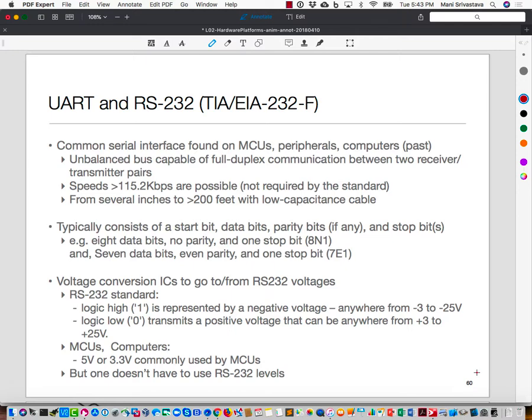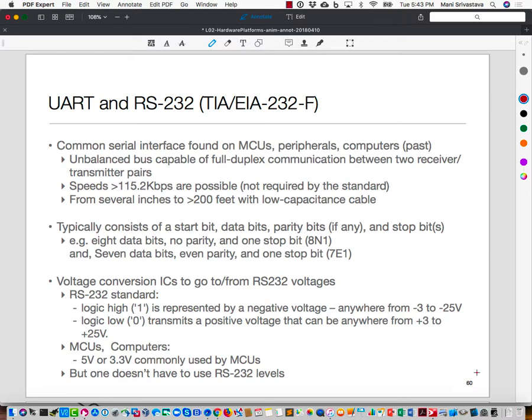So firstly, you don't need to use RS-232 voltages. You can stick with the voltages that you have on your MCU and on your peripheral, and as long as they're compatible, you're fine. But if you are connecting to something which is RS-232, then you better be prepared to handle this larger voltage, and therefore you will need a voltage conversion in that case.